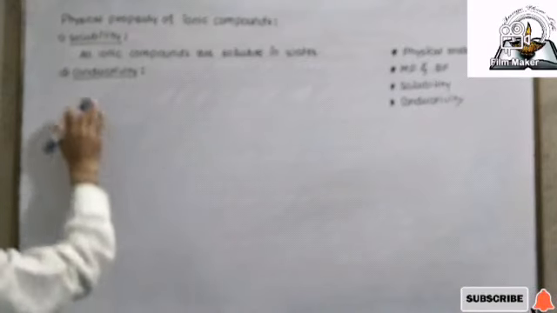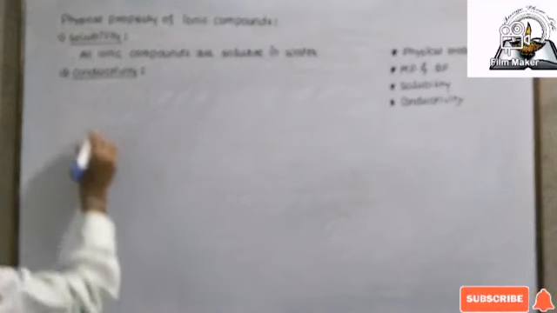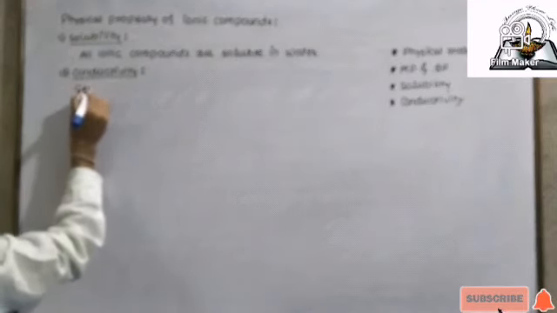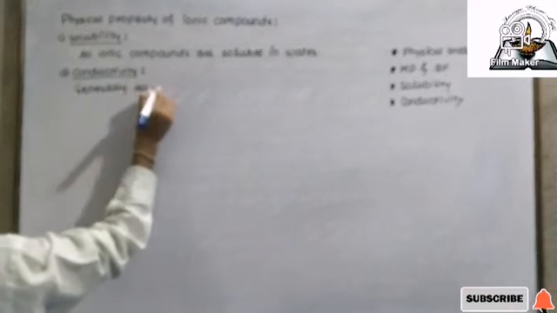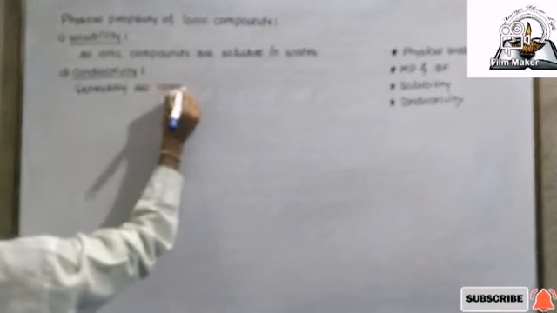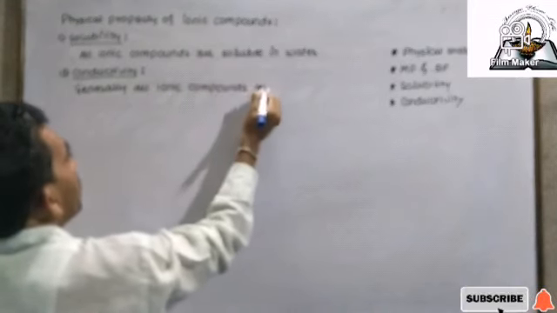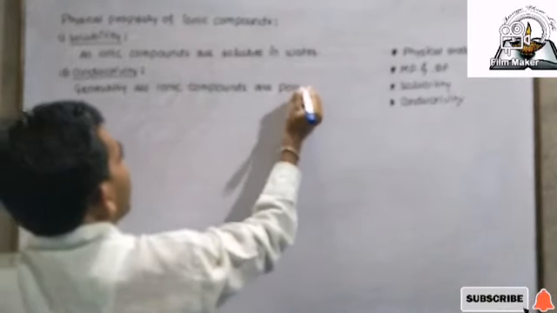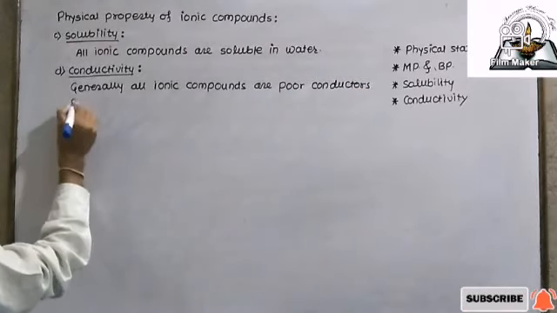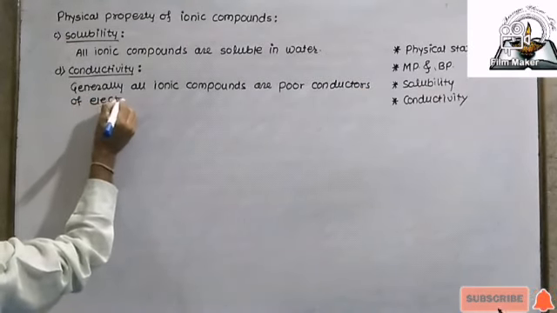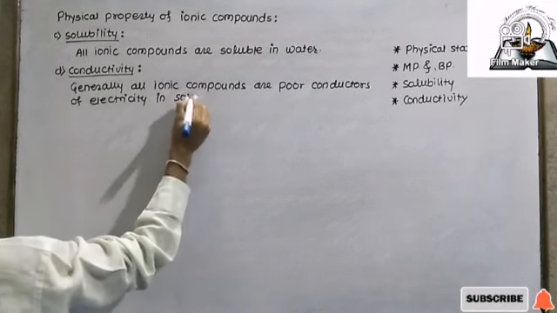So in case of ionic compound, that is conductivity. What happens in case of conductivity of the ionic compound? So generally all ionic compounds are poor conductors of electricity in solid state.